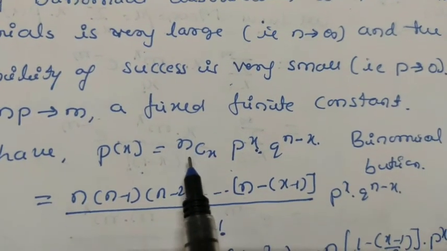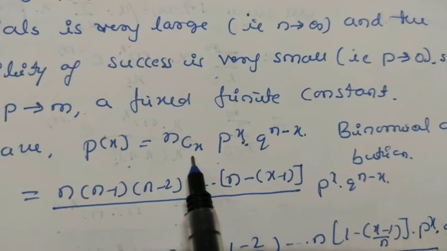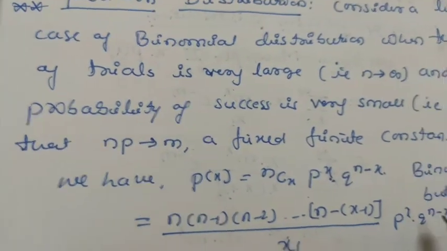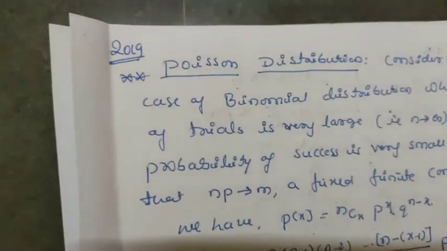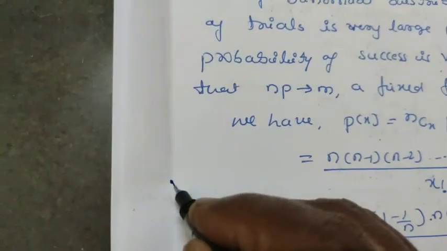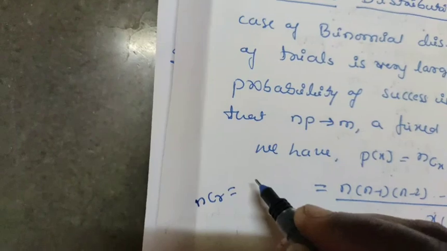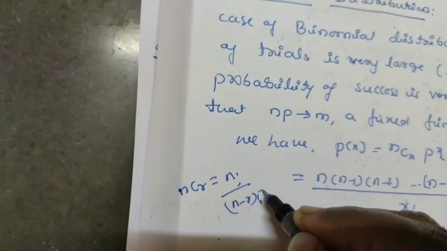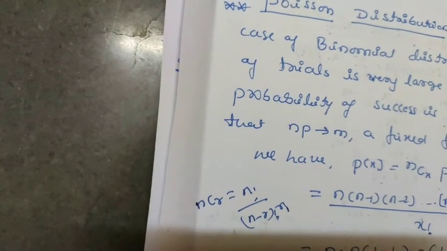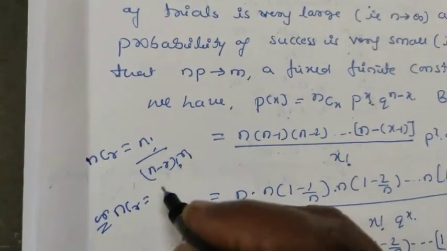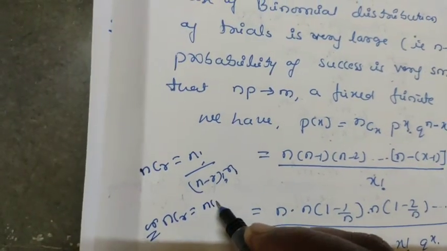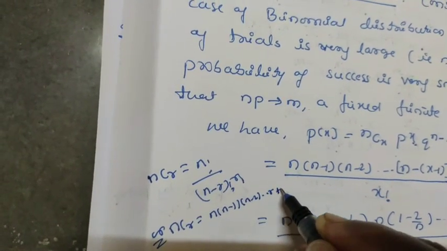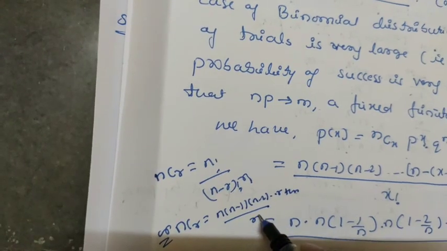Let us expand this one. ncx, we know ncr is equal to n factorial divided by n minus r factorial into r factorial, or we can have here ncr is equal to n into n minus 1, n minus 2, etc. up to r terms divided by r factorial.